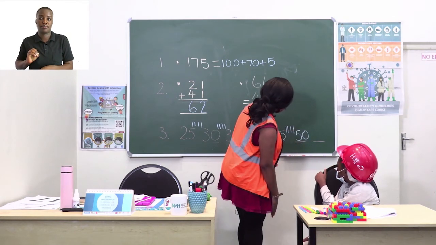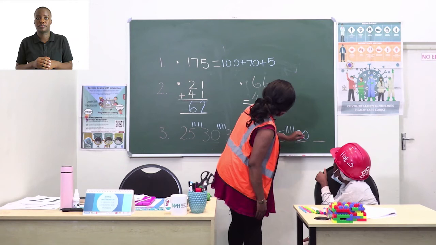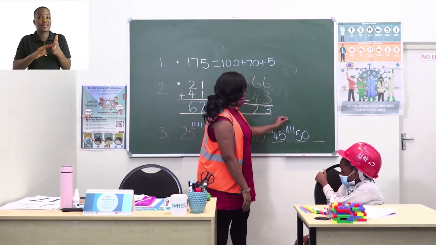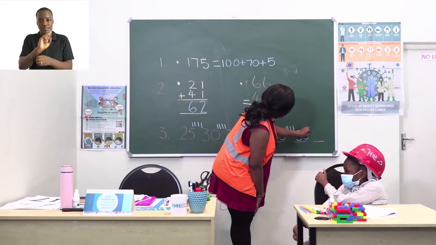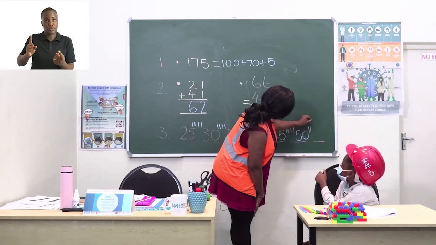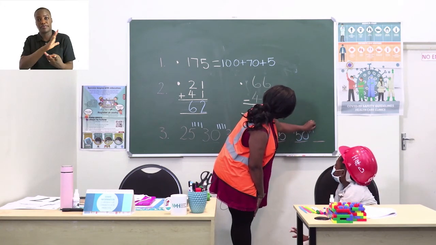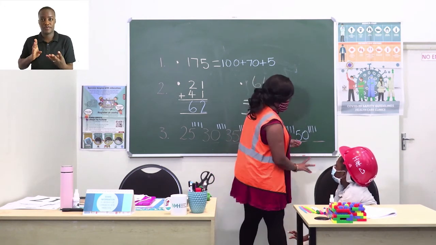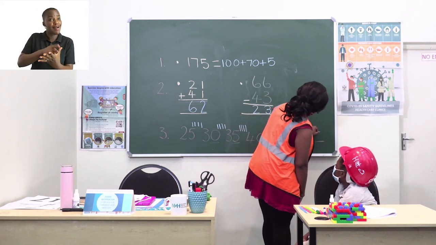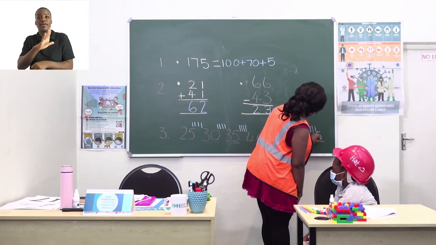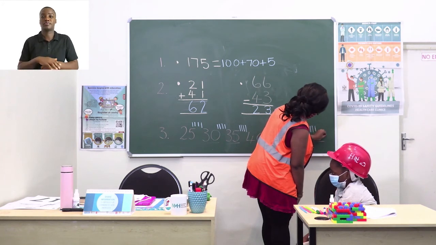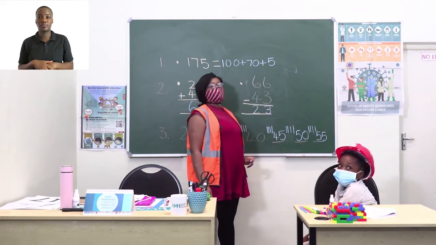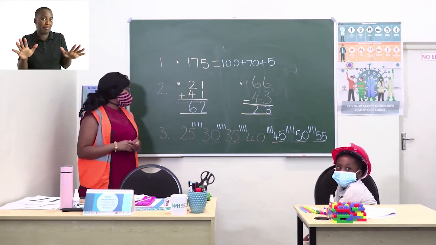Then, let's look for the last number in the sequence. 51, 52, 53, 54, and remember we write the 5th number, 55. And now we have completed the sequence.